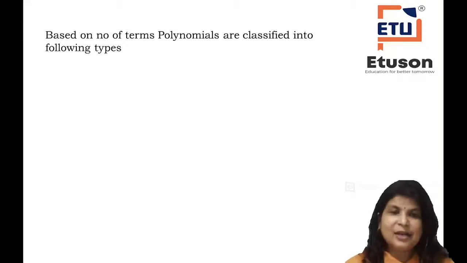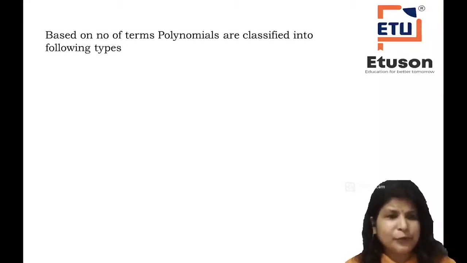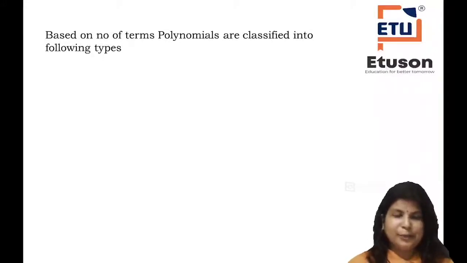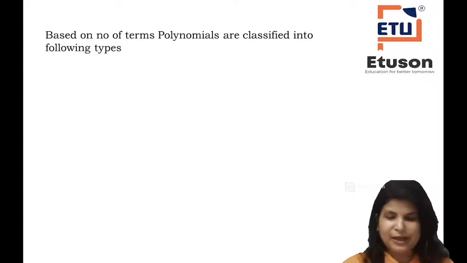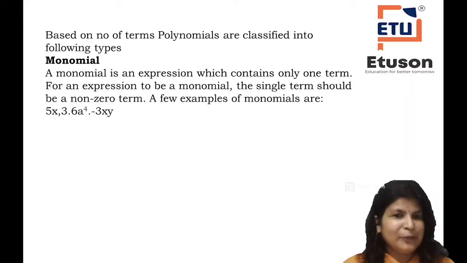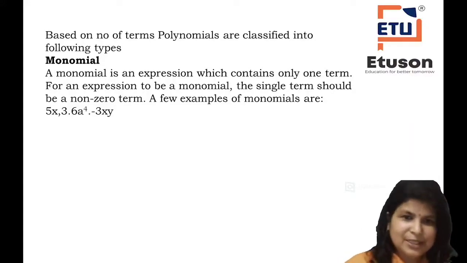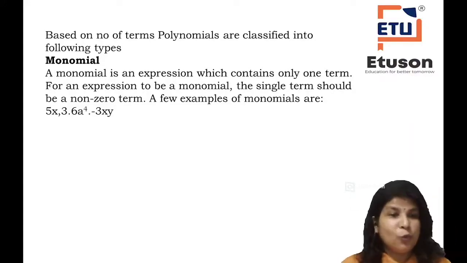Okay, so now let us understand a new concept, which is not exactly new for you because you are already acquainted with this classification in class 9. So this is again a kind of revision for you. So you know monomial, right? A monomial is an expression which contains only one term.